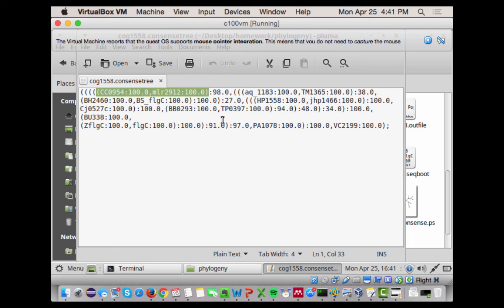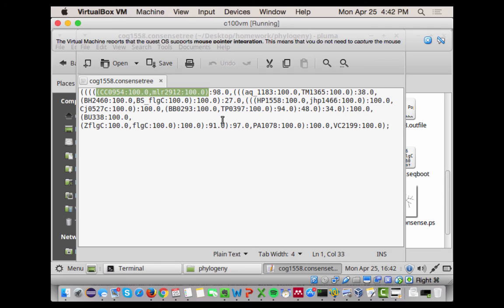So it's pretty much what I showed in the PowerPoint, but now it has a distance involved too. It's kind of confusing in the early ones because the distance between everything to itself is 100, but then the distance between these two and the next thing up on the branch is 98. And since this is a consensus, that's 98% confidence.